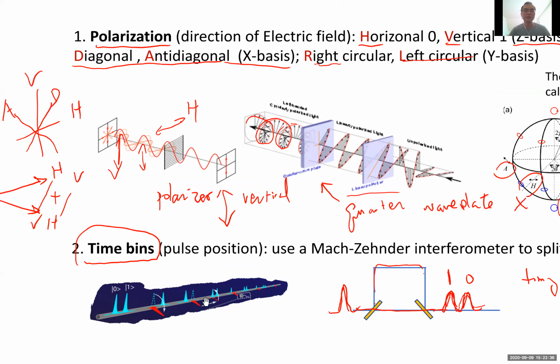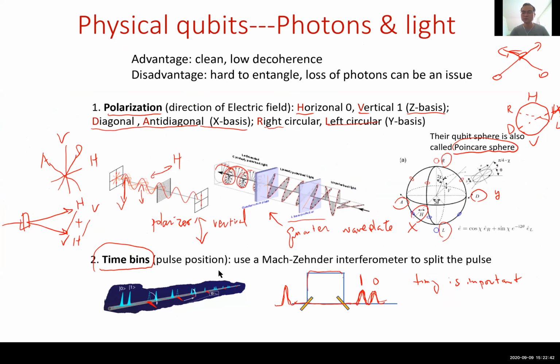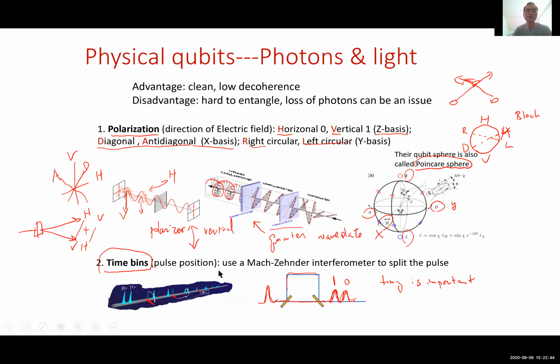You could also flip that and rotate that as well. Okay, so that's a second way of using photons. So when I say photon, imagine that this uses, for example, a really weak laser pulse. So on average, there's 1 photon.